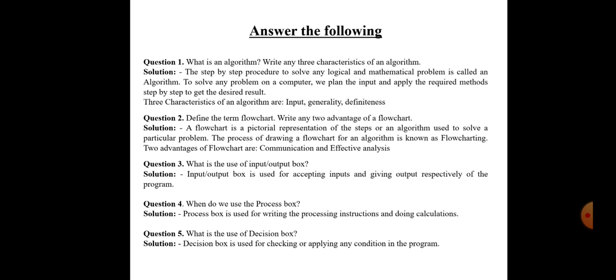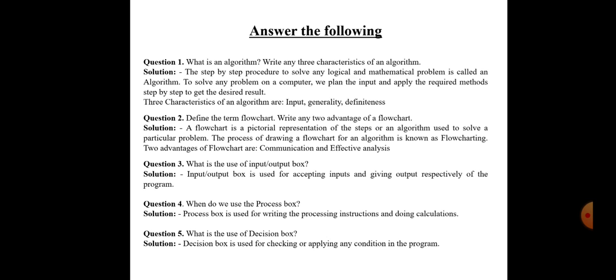The first line only gives the definition, but the process of drawing a flowchart for an algorithm, what has it been called? It is called flowcharting. Two advantages of flowcharts are communication and effective analysis.